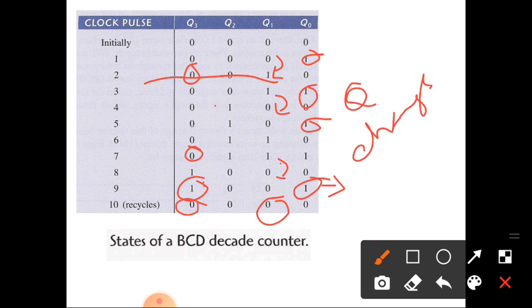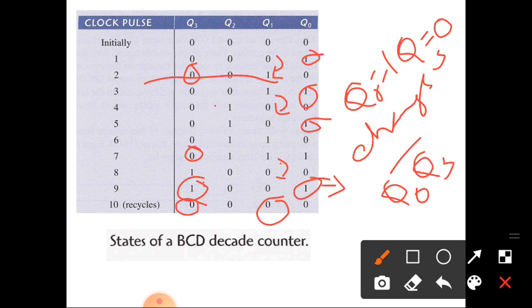So Q0 is equal to 1 and Q3 is equal to 0. So the condition is Q0 Q3 bar. So whenever the input of the JK flip-flop is Q0 Q3 bar, at that time Q1 changes.